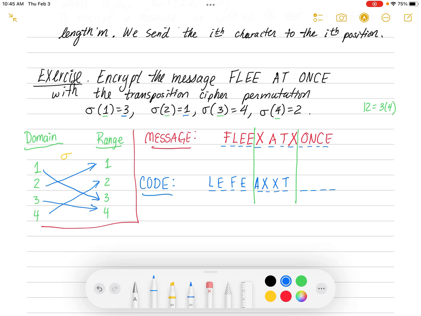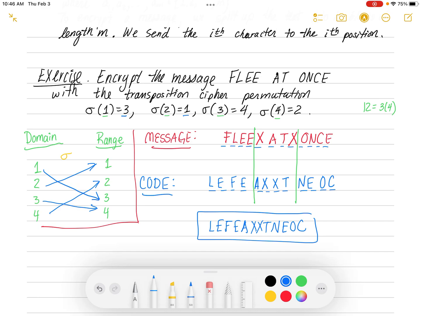Let's start the permutation over once again. The first letter goes to the third space, so that's an O in the third. The second letter, N, goes to the first space. The third letter, C, goes to the fourth space. And the fourth letter, E, goes to the second space. So your code is L, E, F, E, A, X, X, T, N, E, O, C. That's your code.